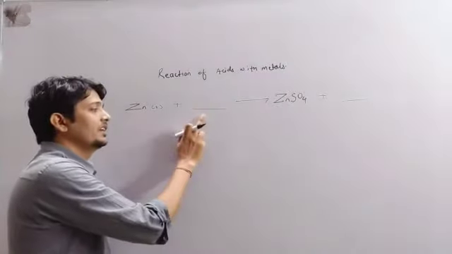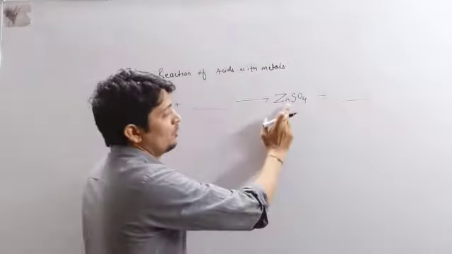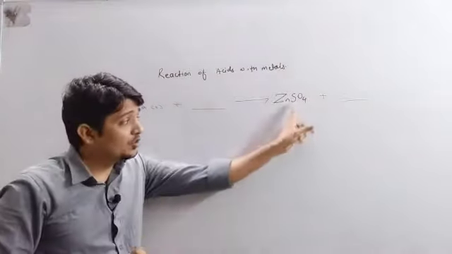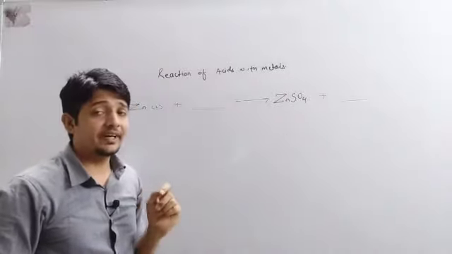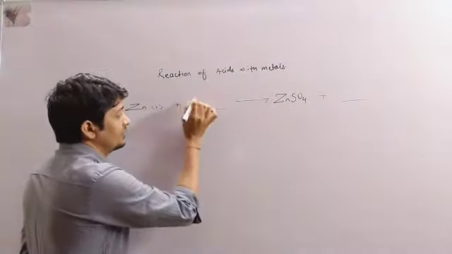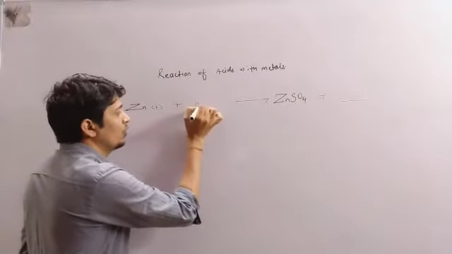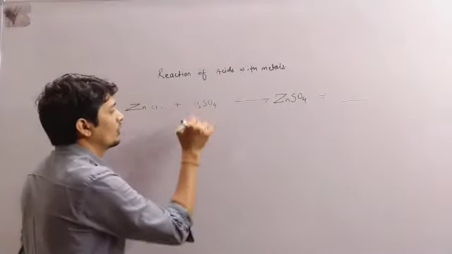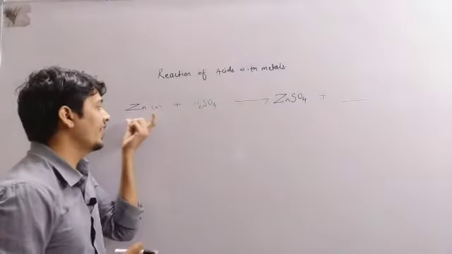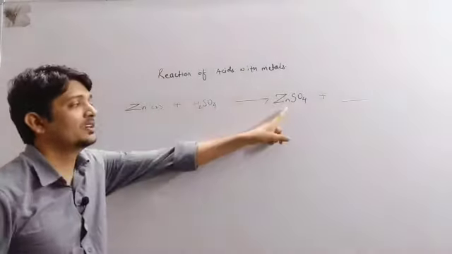So zinc plus acid they form zinc sulfate. So which acid releases the SO4 ion? That is sulfuric acid. So here we have to write sulfuric acid and its formula is H2SO4. So sulfuric acid when it reacts with zinc, they form zinc sulfate.